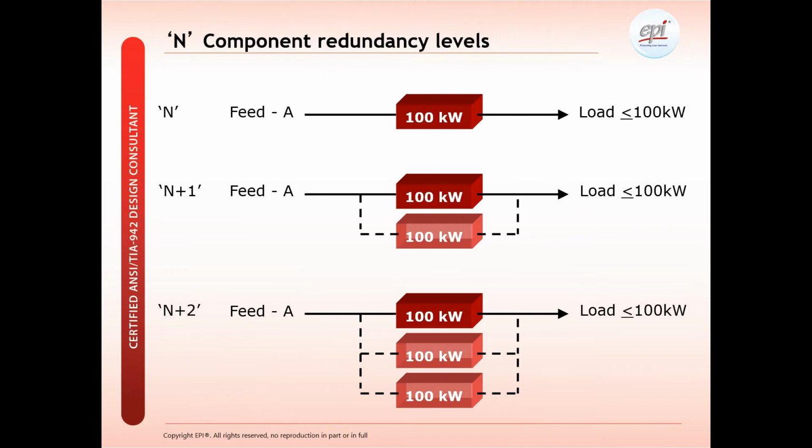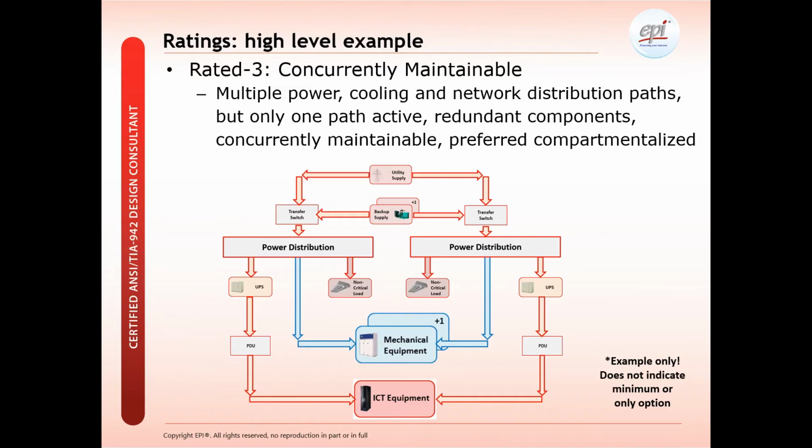During the training, we will do a comprehensive look at the component redundancy levels. We'll look at the N plus 1, 2N, 2N plus 2, and we will remove the misunderstandings of these various redundancy components. During the training, we will also give you high-level examples of how to interpret and apply the various rating levels.